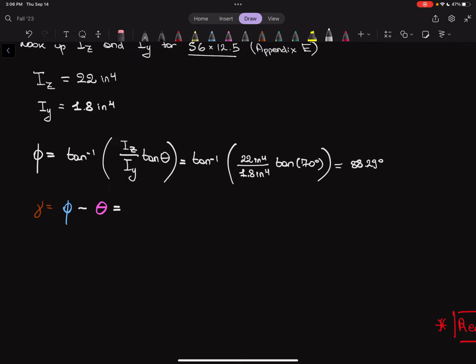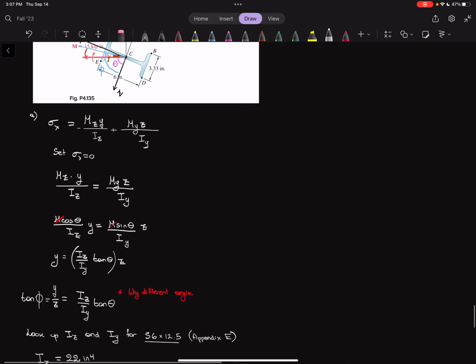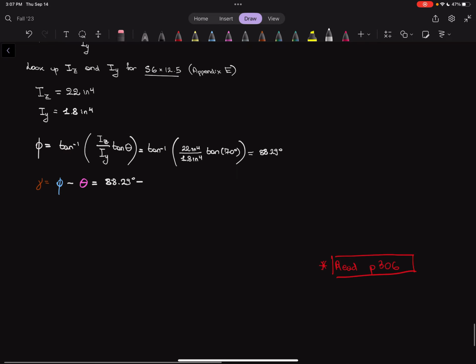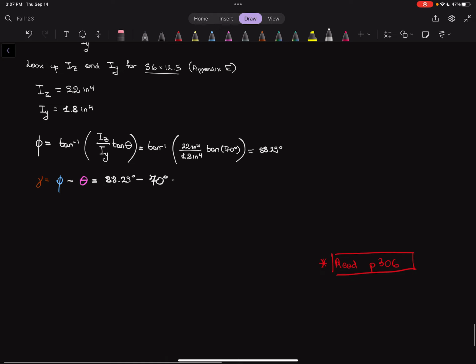And so that's going to be 88.29 degrees minus theta. And theta is going to be 70 degrees. So that's 18.29 degrees. Okay, and this should be the answer for part A.